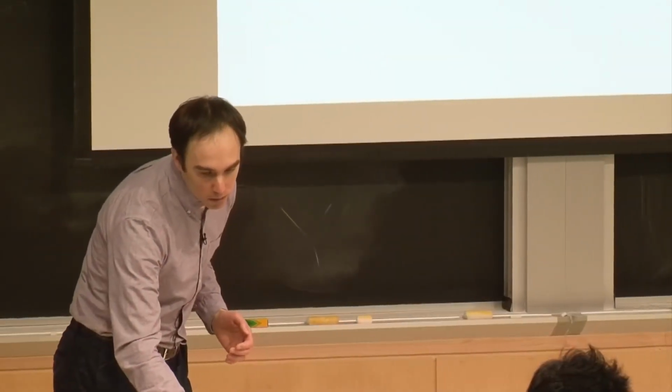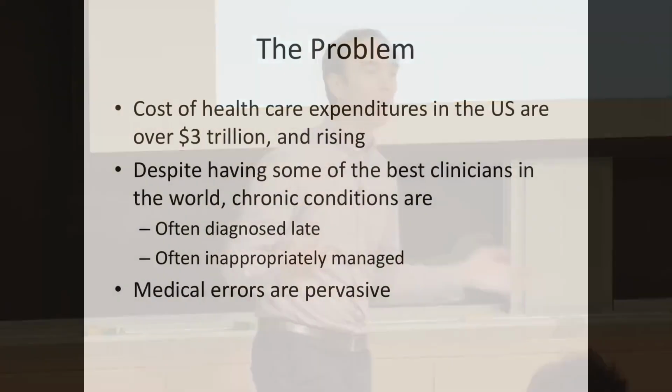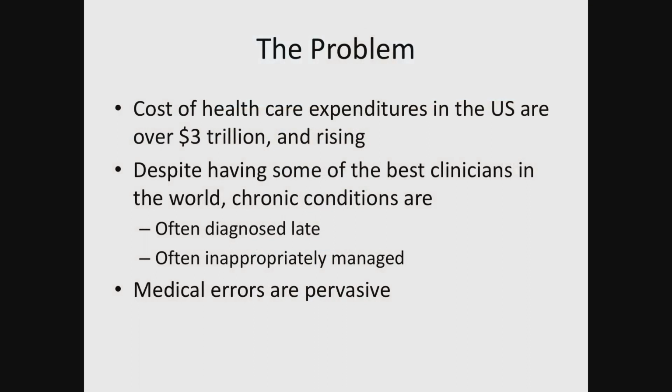So the problem is that healthcare in the United States costs too much. Currently, we're spending $3 trillion a year, and we're not even necessarily doing a very good job. Patients who have chronic disease often find that these chronic diseases are diagnosed late.